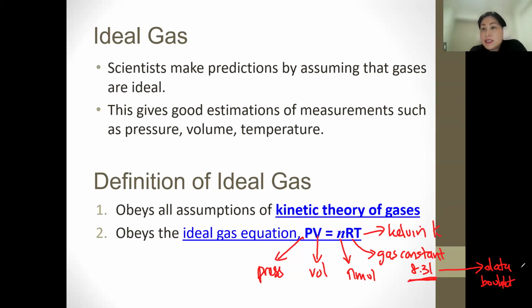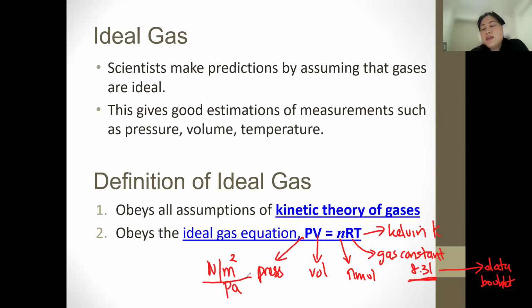And pressure here has a special unit, right? It must be Newton per meter square, or Pascal. Another word for Newton per meter square is Pascal.